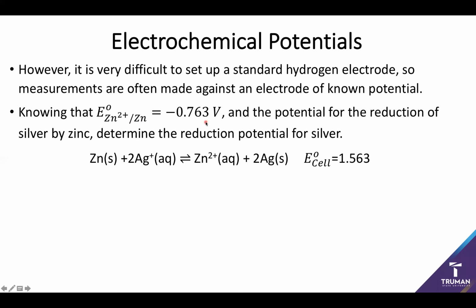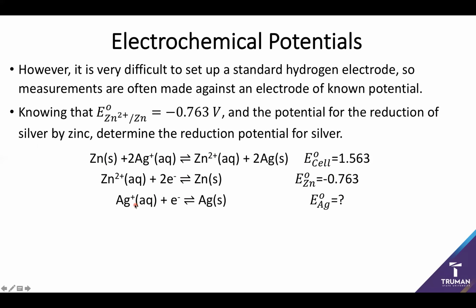Now what I can do is by measuring the reduction of silver against this zinc reaction, I can determine the reduction potential for silver, knowing that the whole cell potential is about 1.5 volts. So I can do this by first splitting out that zinc reaction and then finding my silver reduction reaction.